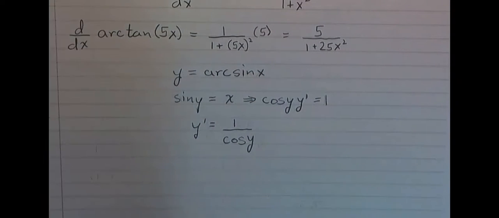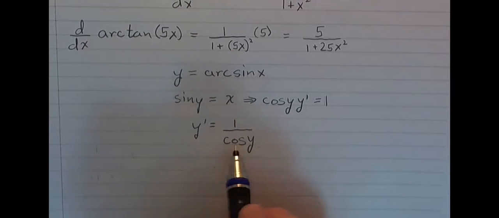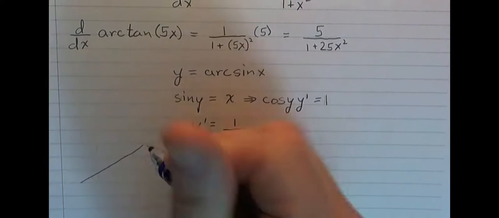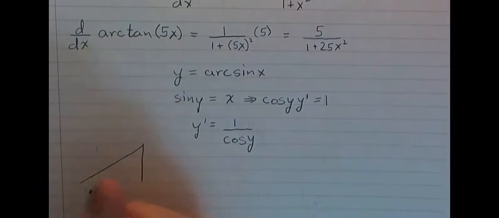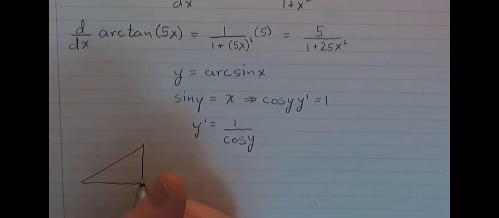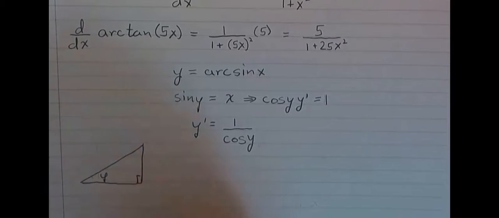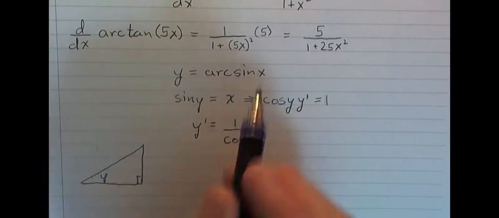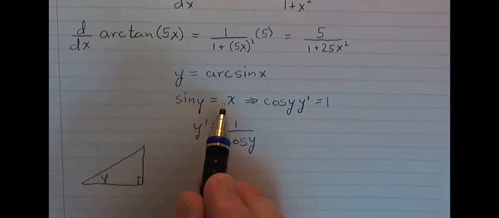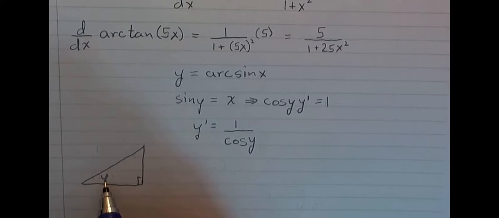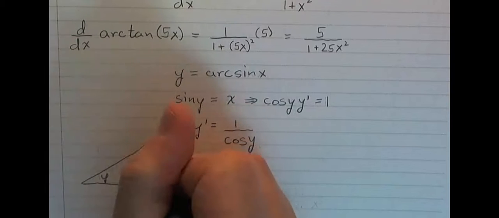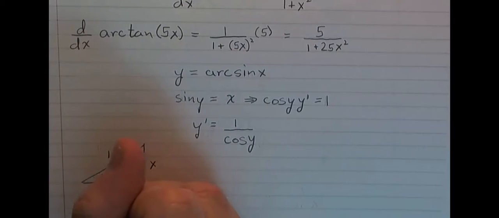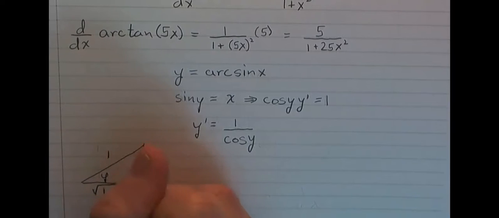Now, like before, I need to figure out, what is cosine y in terms of x? So I'm just going to draw a little right triangle. And I have y here. And remember that we're dealing with sine y equals x. And sine is opposite over hypotenuse. So using the Pythagorean theorem, we would find that the adjacent side is the square root of 1 minus x squared.